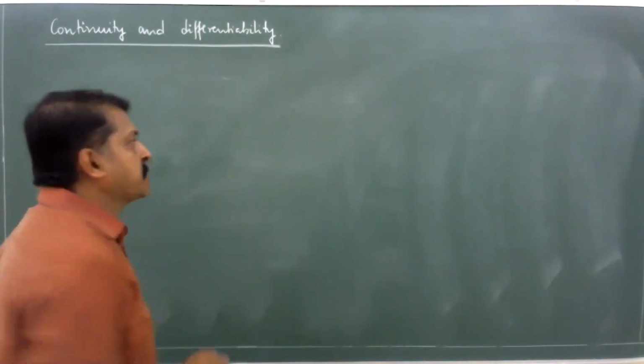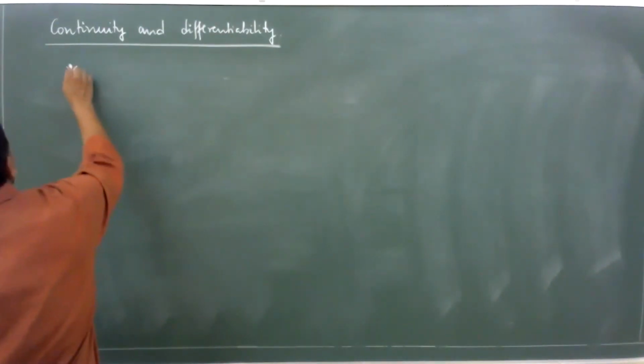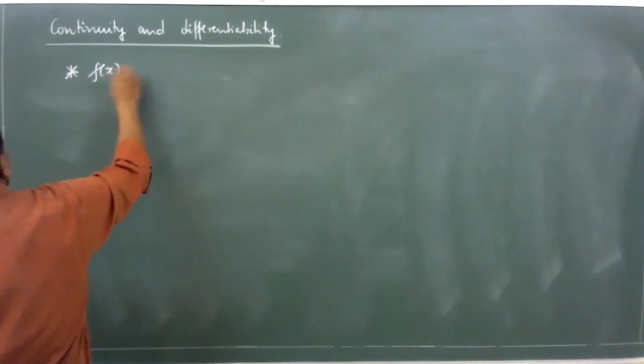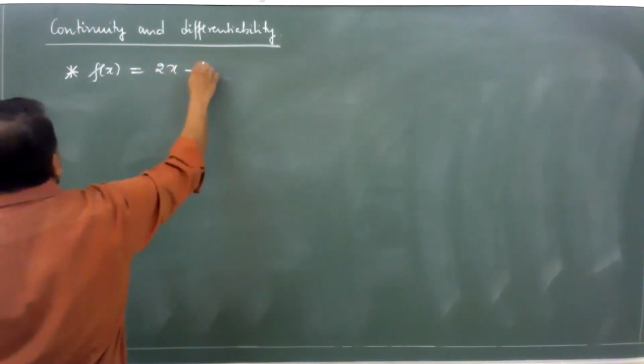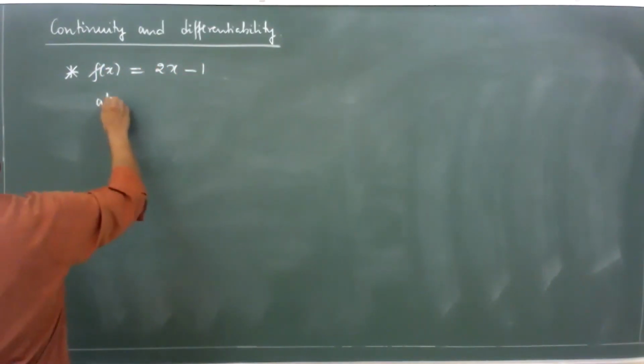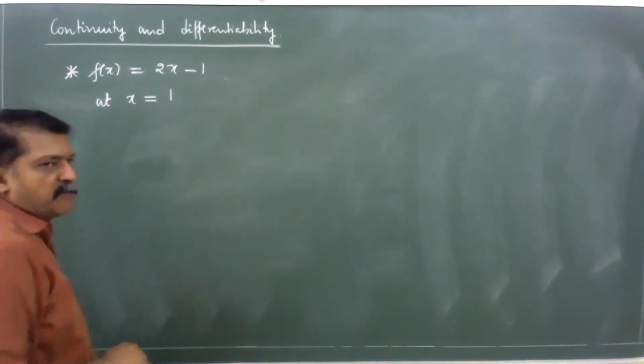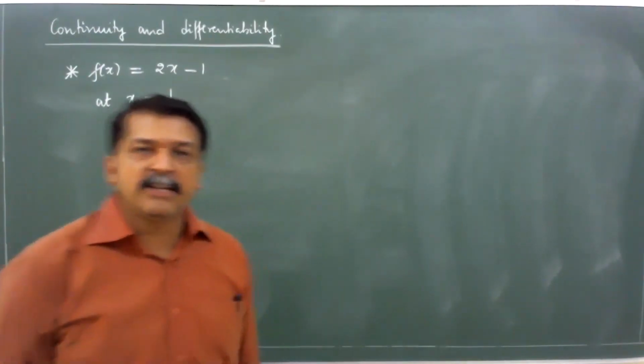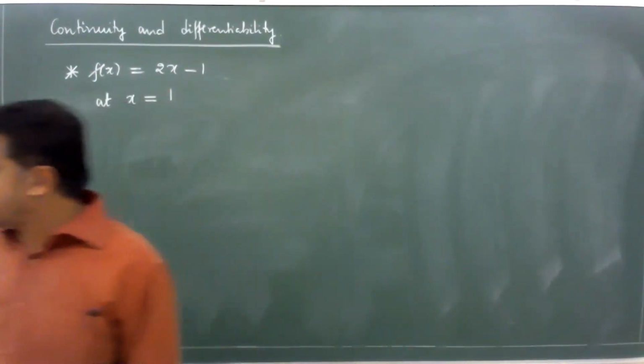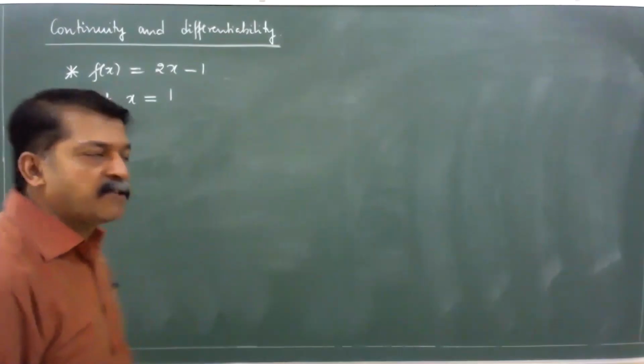Let us take the function as f of x is equal to 2x minus 1. Let us take the reference point as, say, 1. F of x is 2x minus 1. Let us verify the continuity of the function at x is equal to 1.